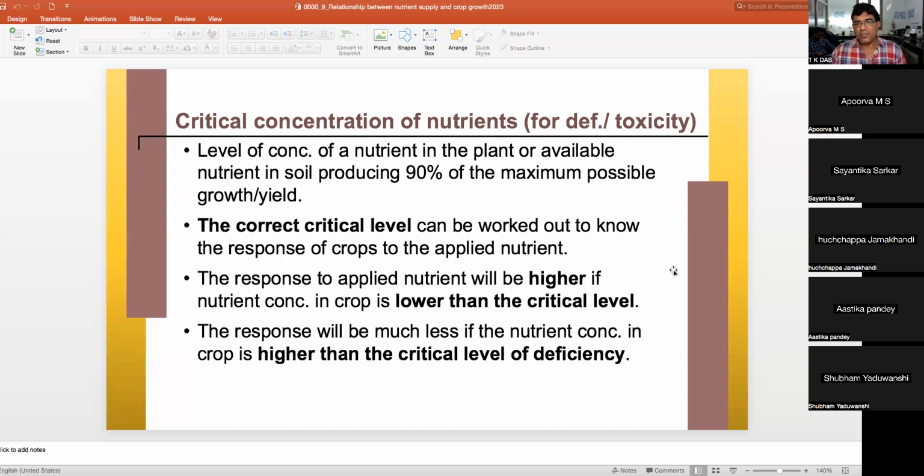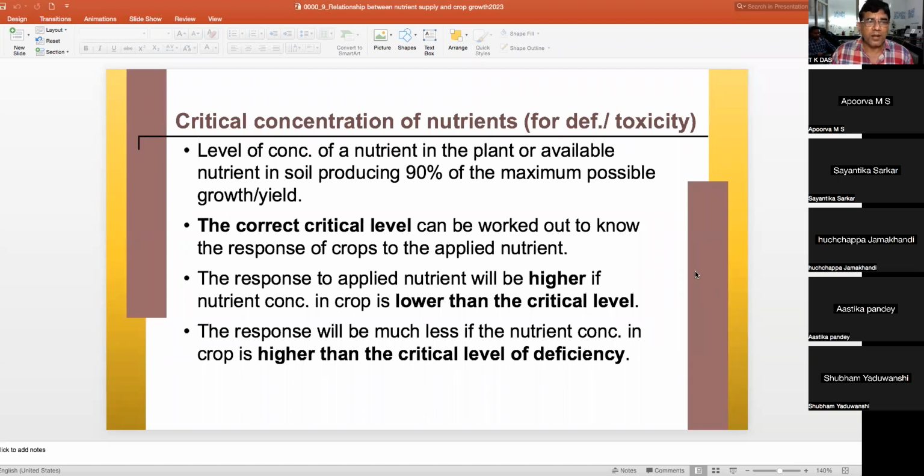So here, just to repeat something about critical concentration of nutrient, I have already given you the definition, the meaning of critical concentration of nutrient. You get the maximum possible yield. Maximum possible yield here is when no nutrient is at deficiency level or in excess, and the supply of all the nutrients is at optimum level.